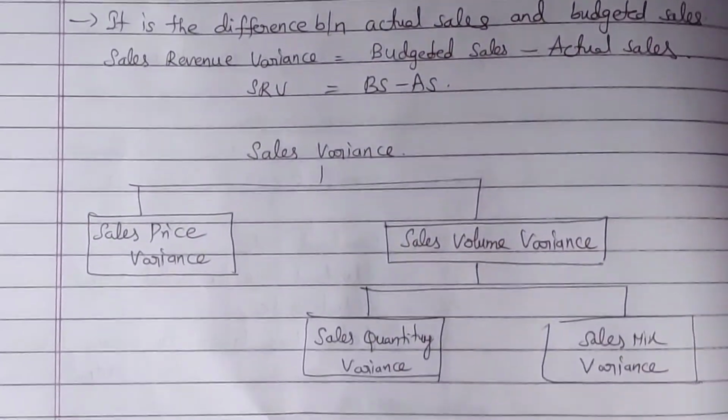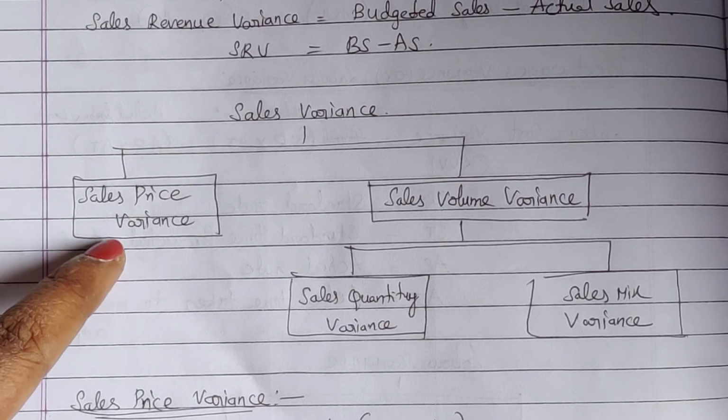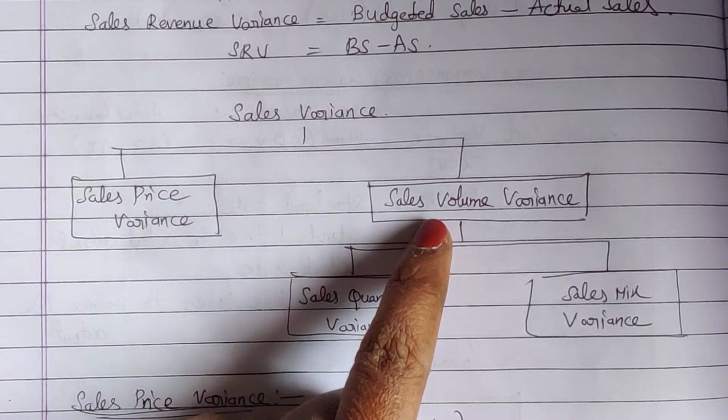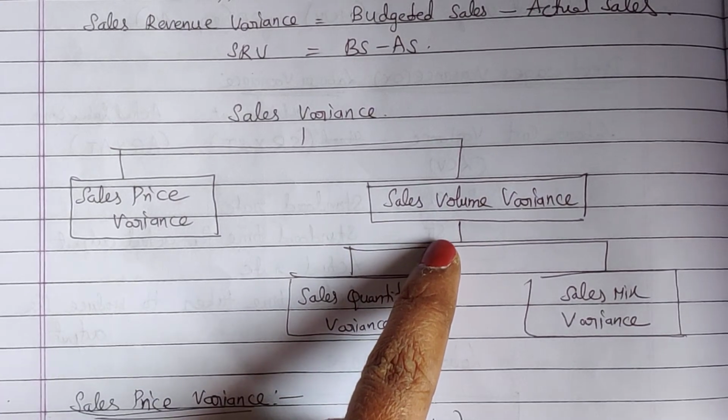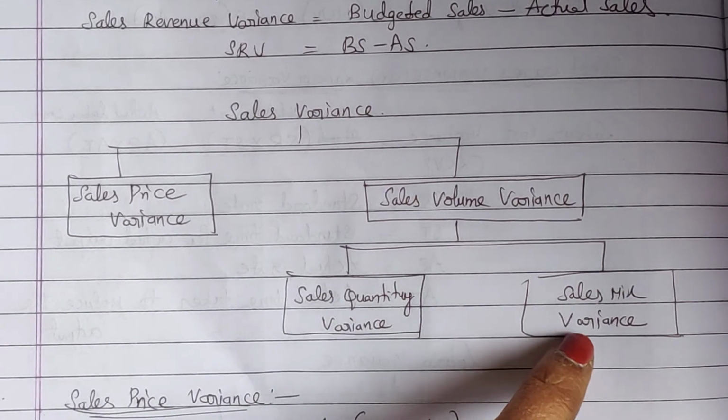So here we have reasons to get this sales variance. One is sales price variance, other one is sales volume variance. Sales volume variance may arise from these reasons: sales quantity variance and sales mix variance.